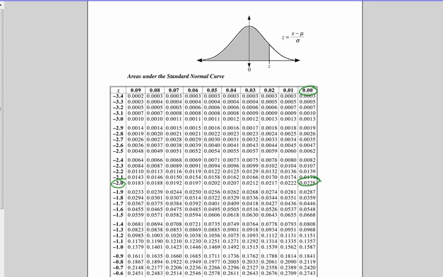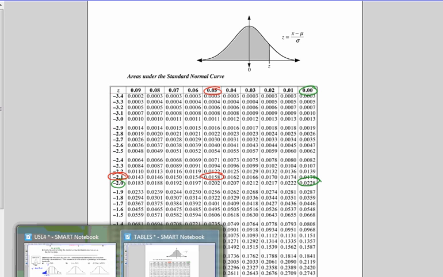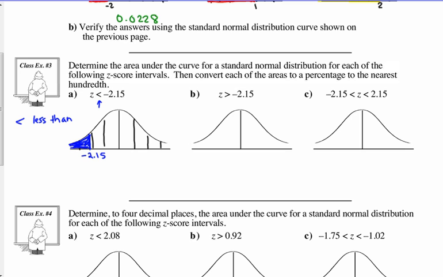So tenths place is on the left, -2.1, and 5 is here. So we match them up. That's 0.0158. 0.0158 is the probability. And you could also write that as area under -2.15.